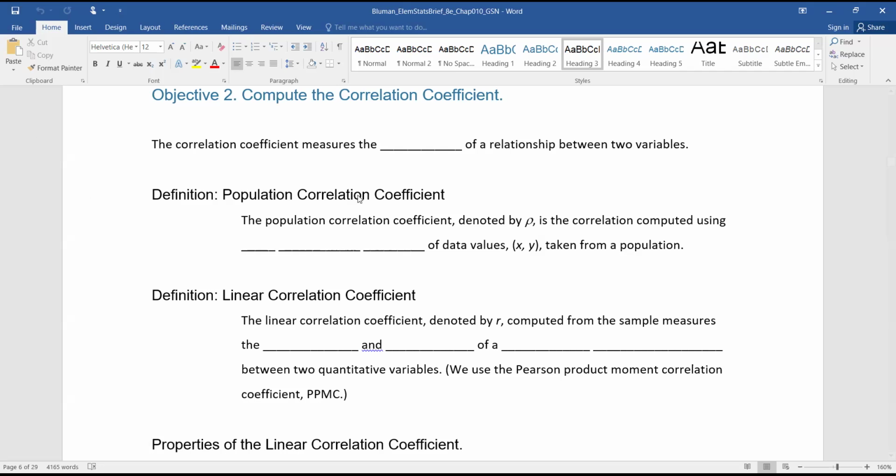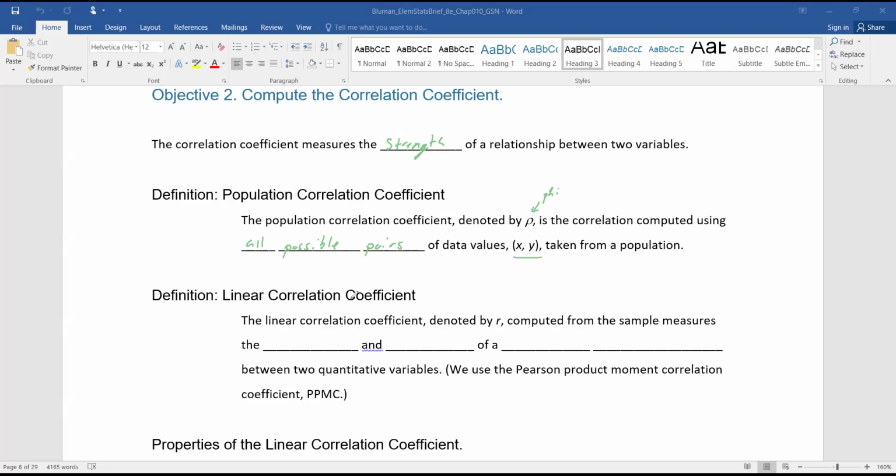The correlation coefficient measures the strength of a relationship between two variables. Our definition here: the population correlation coefficient, denoted by this P-looking symbol, I think it's called rho, is the correlation computed using all possible pairs of data values x, y taken from a population.